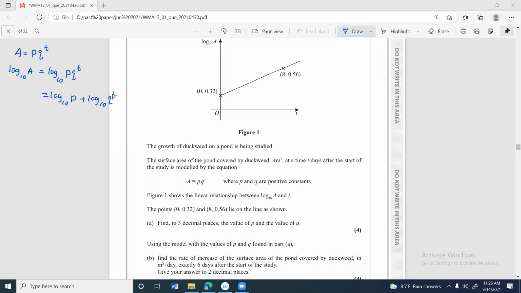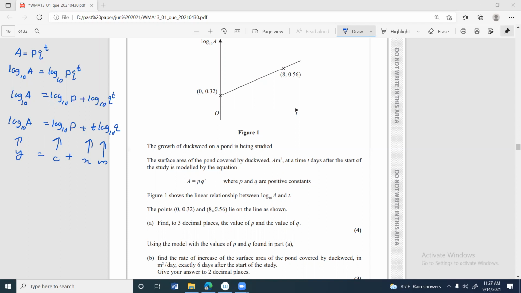From the logarithmic multiplication rule, it becomes an addition. So this t you can take out. So it turns into log 10 p plus t times log 10 q. These are constants. They turn up to log 10 A. So this is just like y equals c plus m x. Just like a y equals m x plus c type of graph, right?